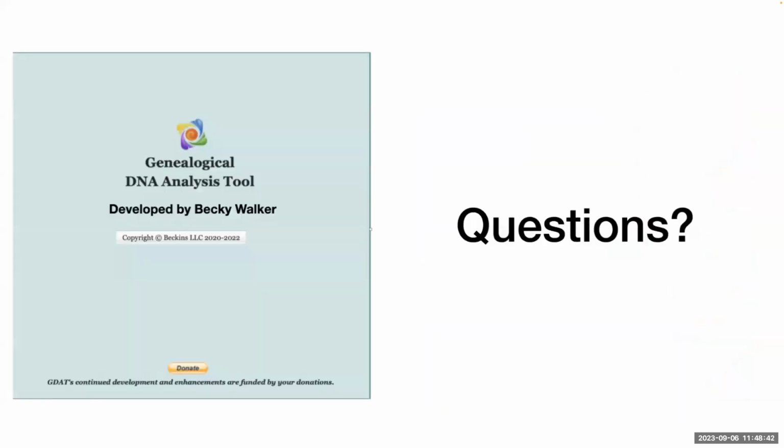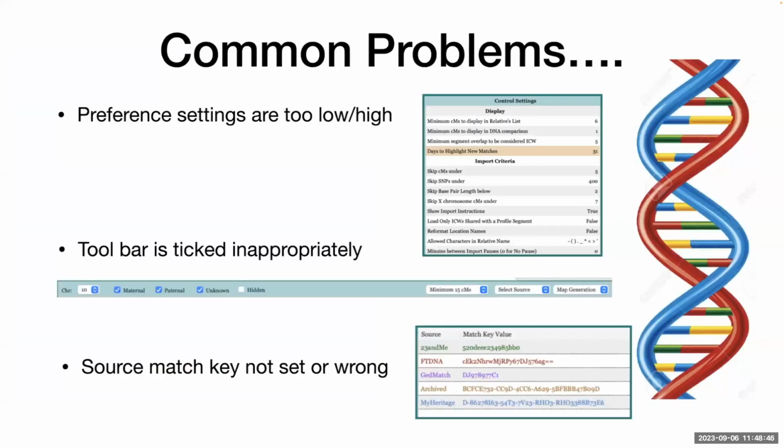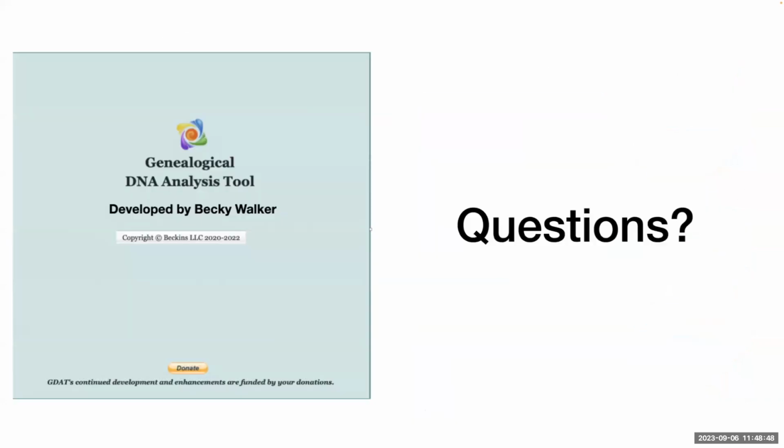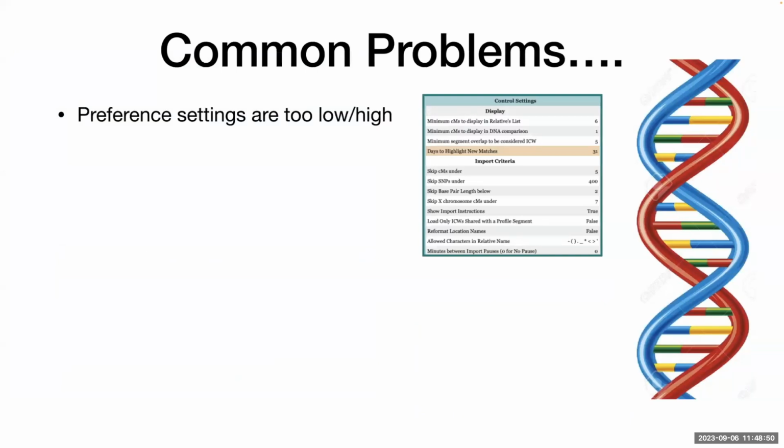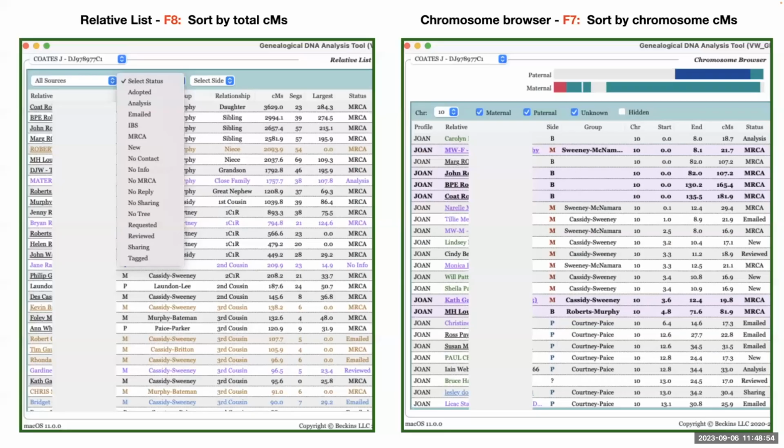So I think Claire has a hand up. Yep, thank you. Yes, can you hear me? Oh, yes, I'm unmuted. So just in relation to function 8, the relative list, when I've merged my close family and I have got the segment data for them, it's coming up saying that the longest segment is 0, obviously the ancestry part of it.